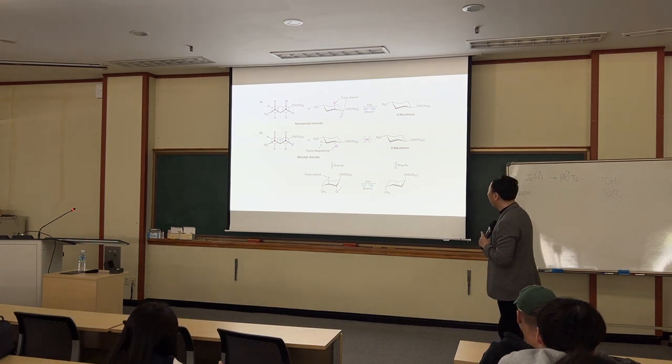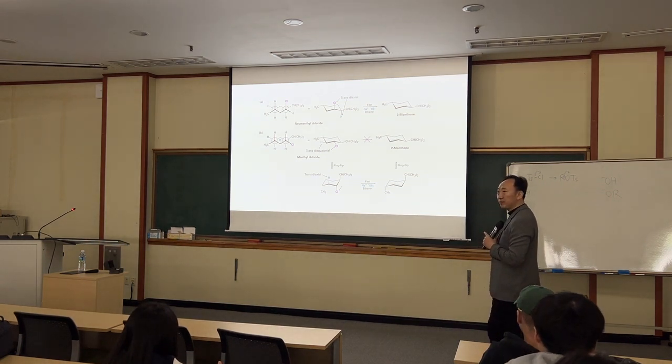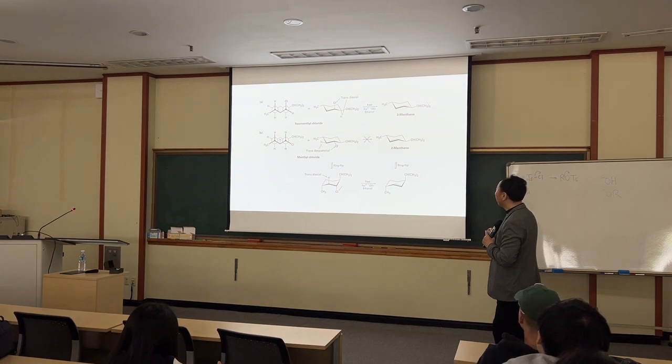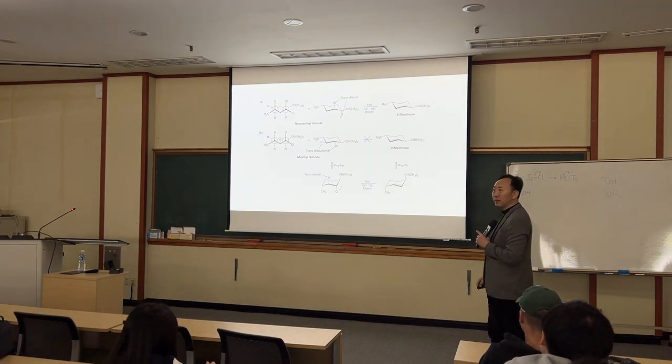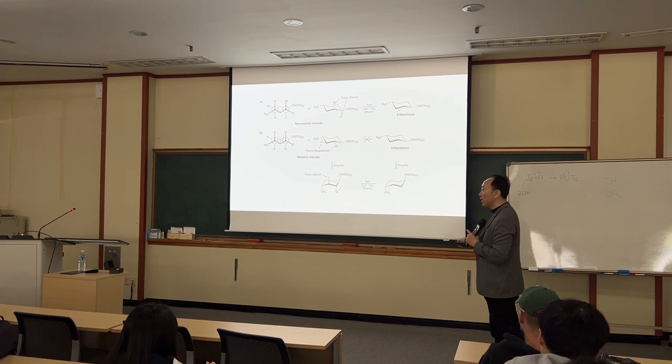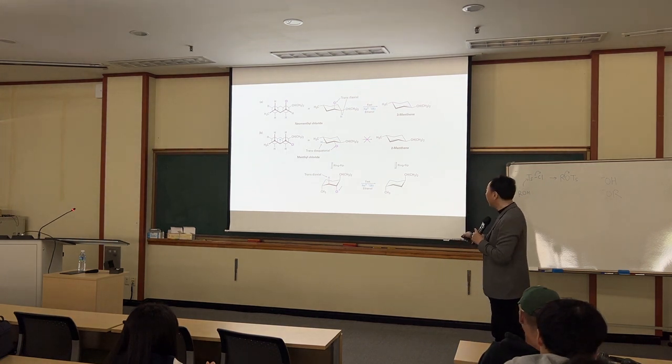So it is a very small population. If you add t-butyl here, it may not go this way. It's too strong. It cannot have a chance to come here. If it is isopropyl, a small population can go to this configuration, a different chair conformation. Then this reaction happens. After the reaction is finished, it goes up.